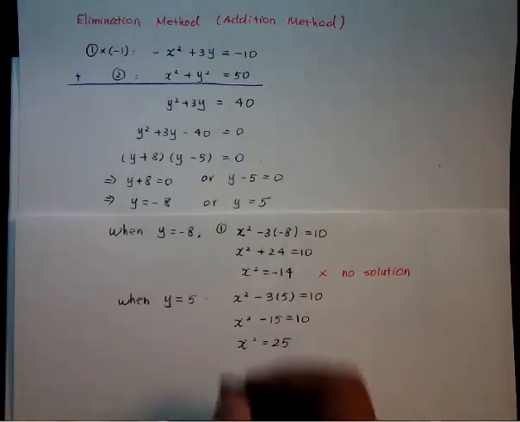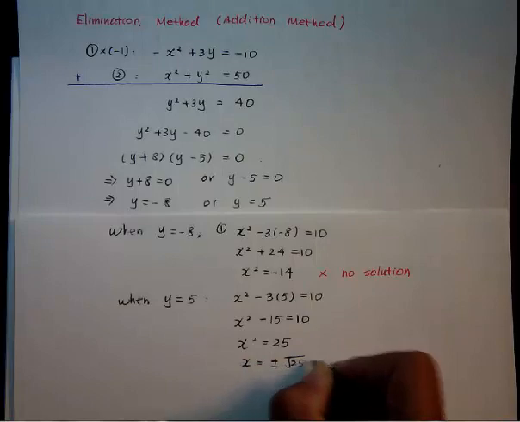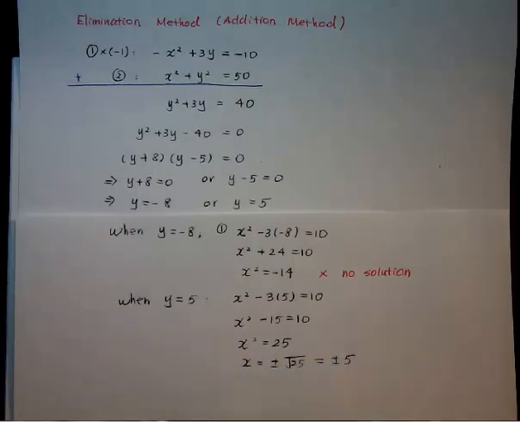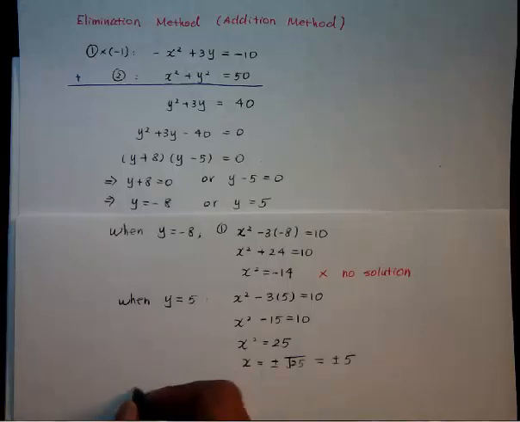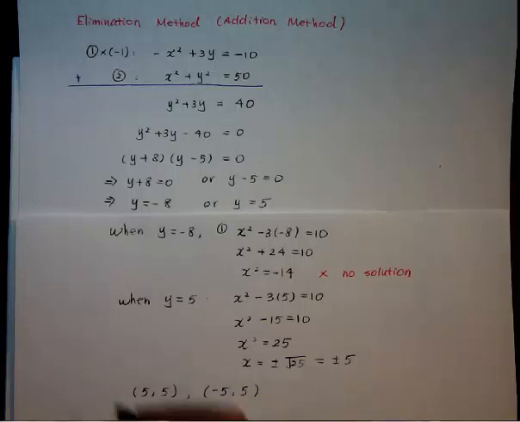So for x, take the square root of both sides, positive and negative square root of 25, which is positive and negative 5 here. So we have two sets of solutions. One is when x equals 5, y is equal to 5, and when x is equal to negative 5, y also equals 5. So this is a set of two.